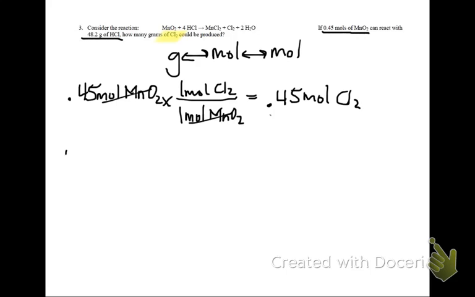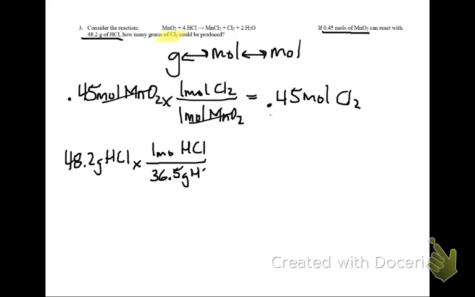Let's do that second one, 48.2 grams of hydrochloric acid, and in this case we are given grams, so we're going to start right here. So this one will be a 2-step process. Alright, so 1 mole of HCl is 36.5 grams of HCl.